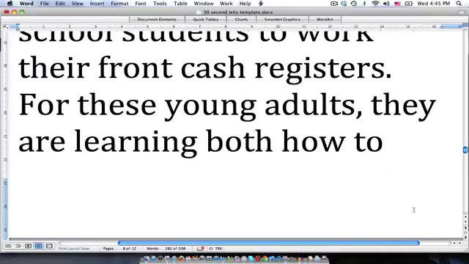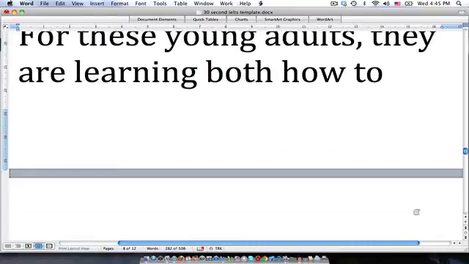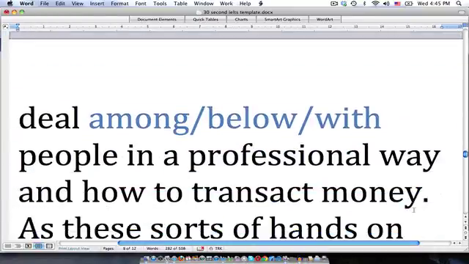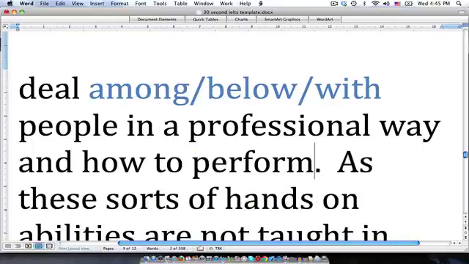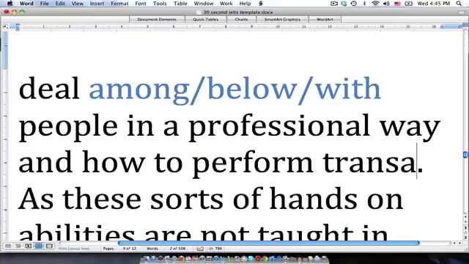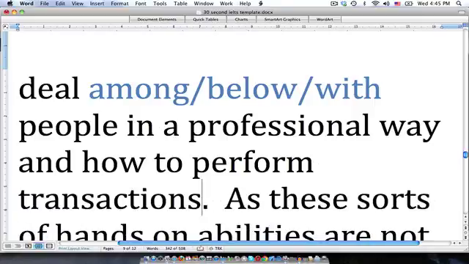For these young adults, they are learning both how to deal among, below, with people in a professional way and how to transact money. Now, while you're figuring out that answer, "transact money" works, but I'm going to change this to "perform transactions." I just think it would sound a little bit more academic.